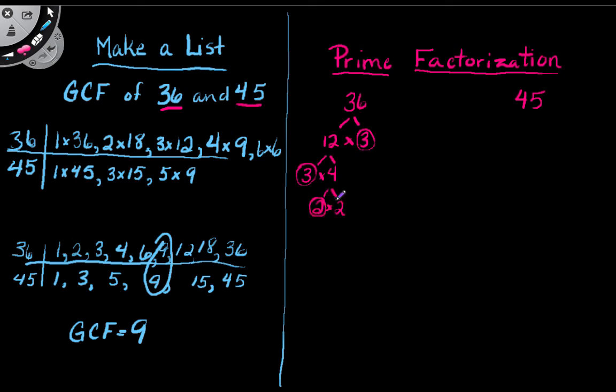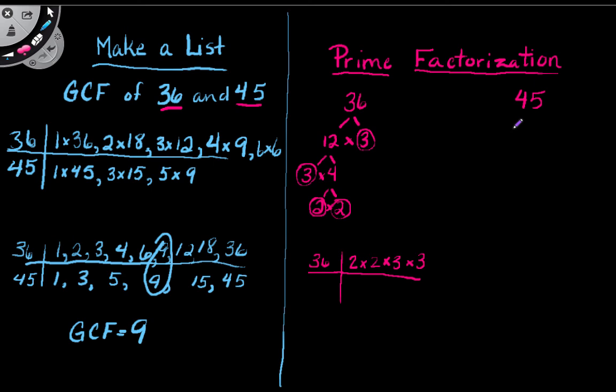And those are now both prime numbers. So if we list out our prime factorization of 36, it will be 2 times 2 times 3 times 3.